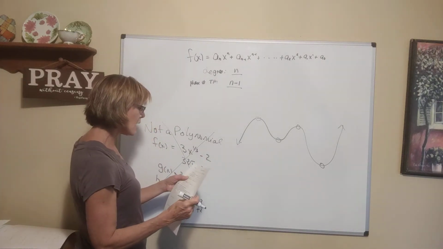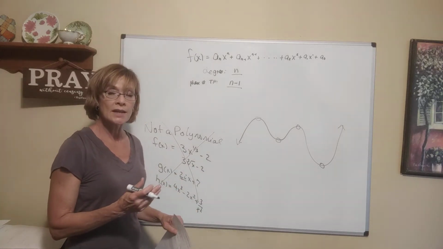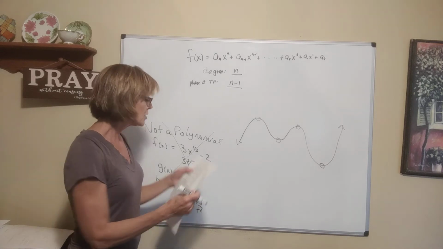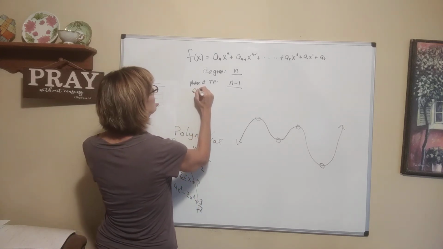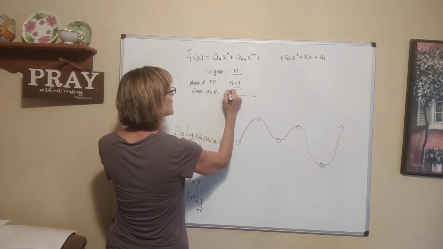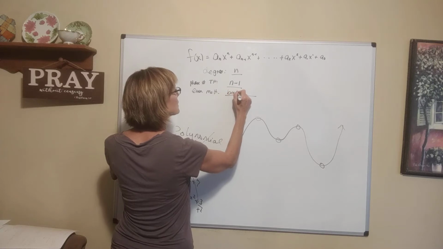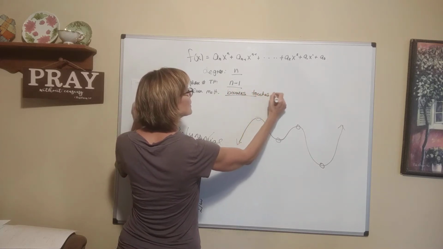Okay, then zeros are where the graph touches the x-axis, so just fill in the blank and we'll explain this. It says a zero with an even multiplicity. What you want to put there is it bounces, or it touches.